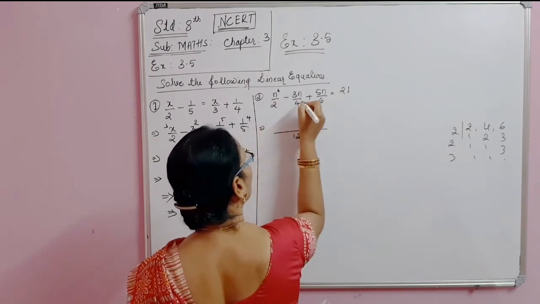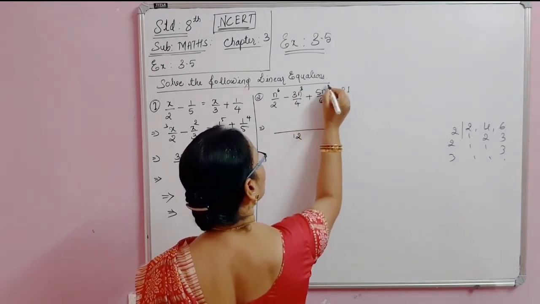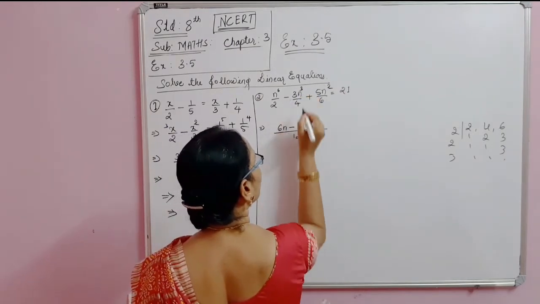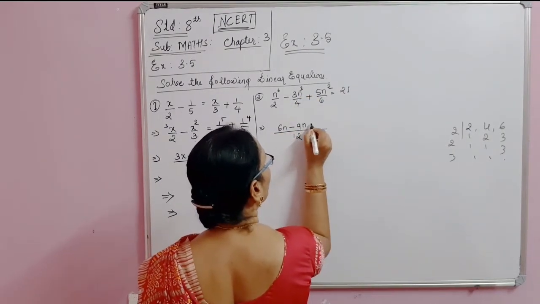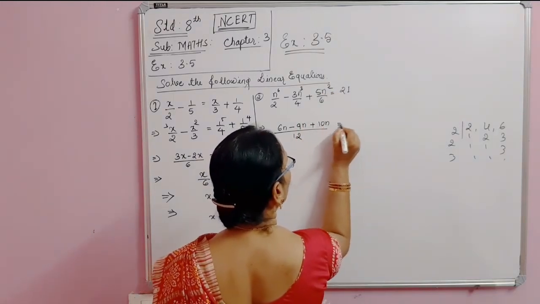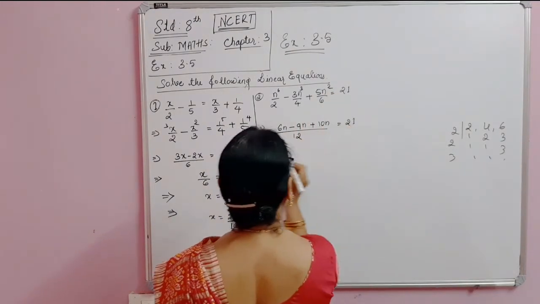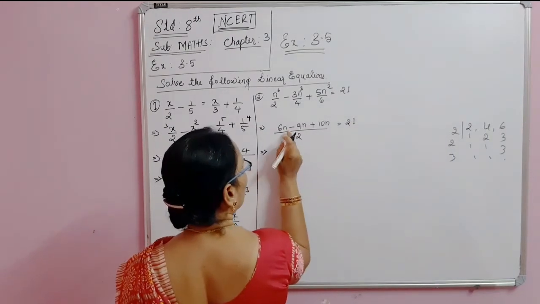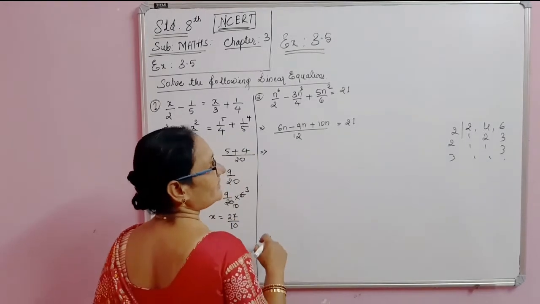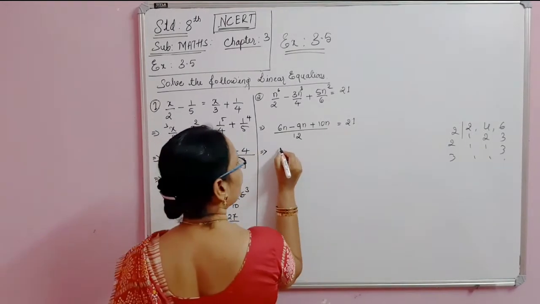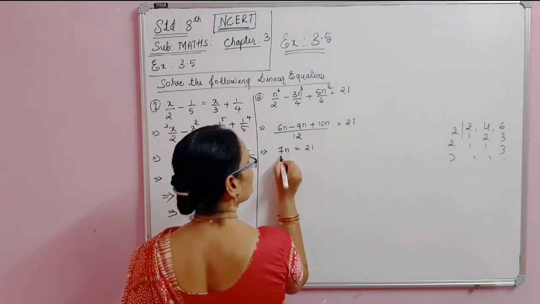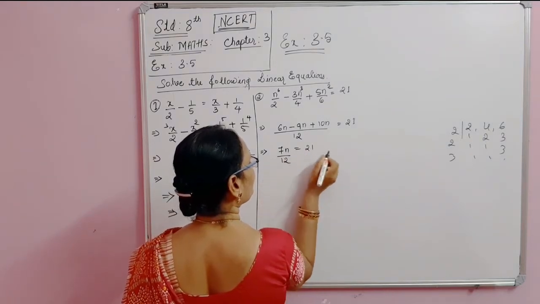2 6s are 12, 4 3s are 12, 6 2s are 12: 6n minus 3 3s are 9n plus 5 2s are 10n is equal to 21. So 10n plus 6n is 16n. 16 minus 9 is 7n. 7n by 12 is equal to 21.